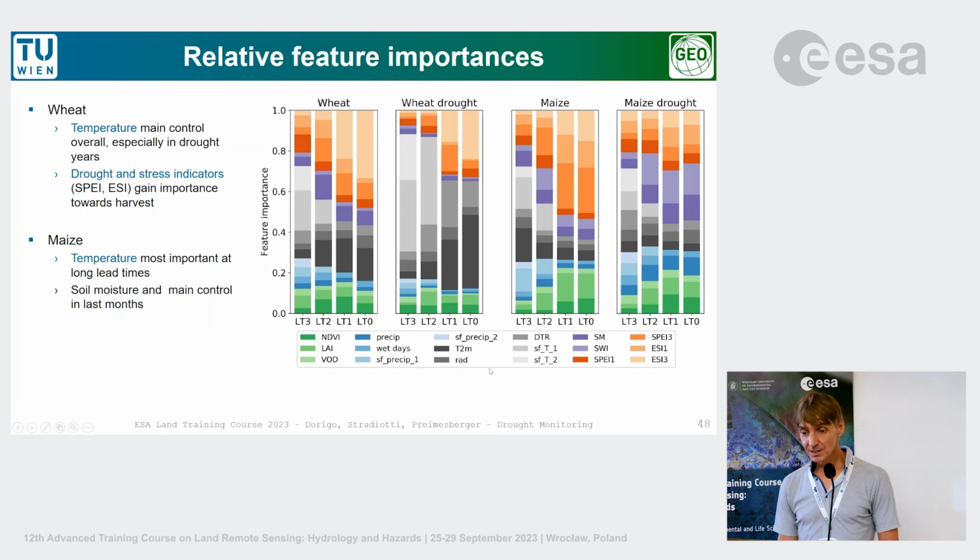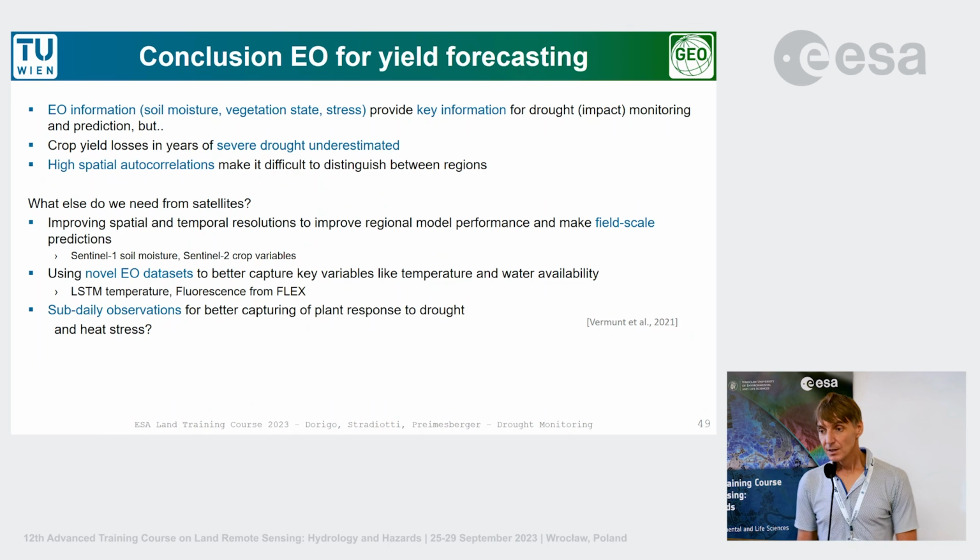And in green you see the impact of NDVI, leaf area index, VOD. So there is some predictive skill in these features, but it's not too big. It's mostly in the drought indicators and the soil moisture, which is of course also an indicator of drought.